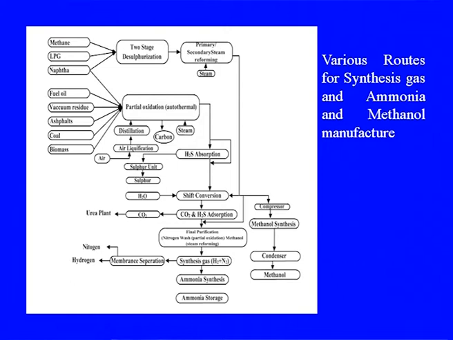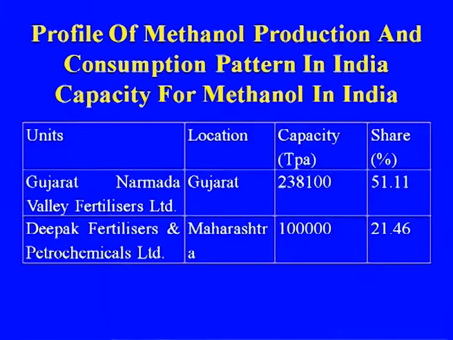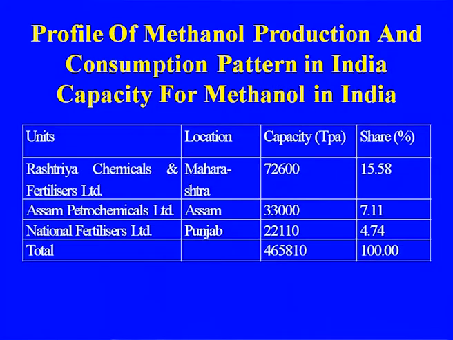These are some of the units which are making methanol in India, and you see the number of fertilizer plants, because the synthesis gas manufacturing is already there, so they are making methanol also. One of the major producers is Gujarat Narmada Valley Fertilizer, Deepak Fertilizers, RCF, Rashtriya Chemical Fertilizers, and Assam Petrochemical, which was a very old unit that started utilizing natural gas.